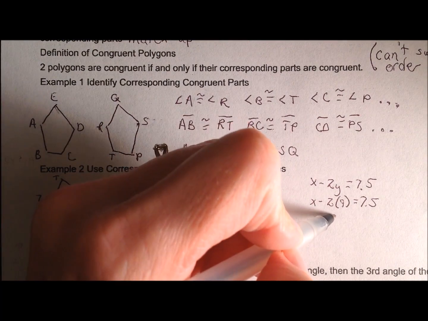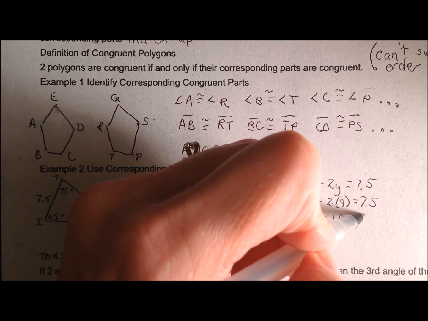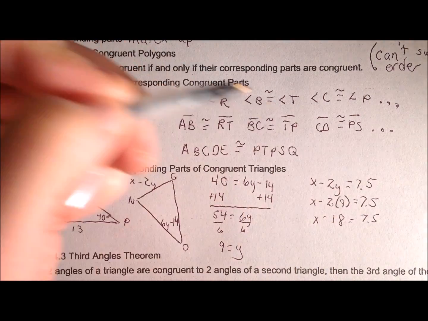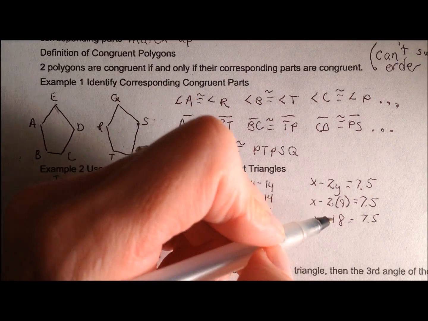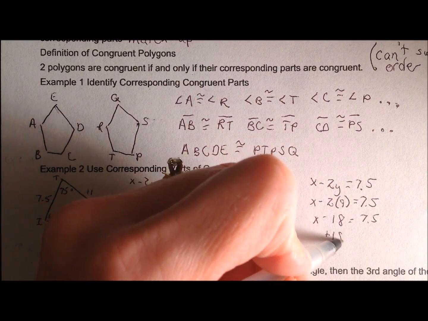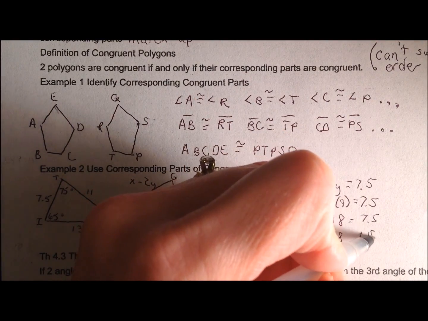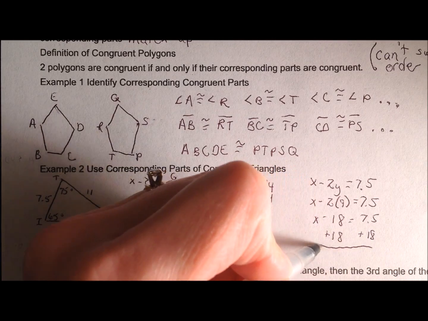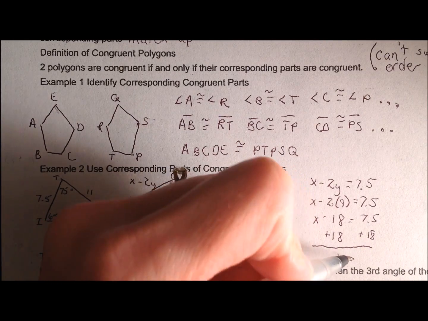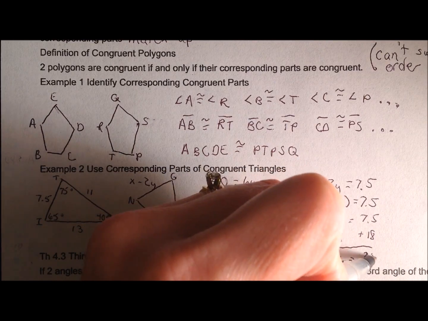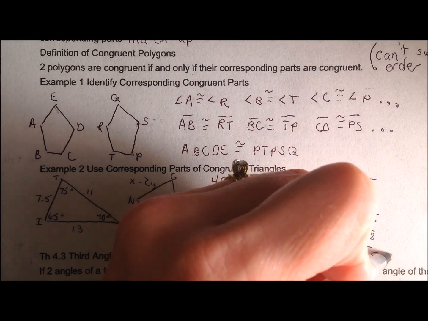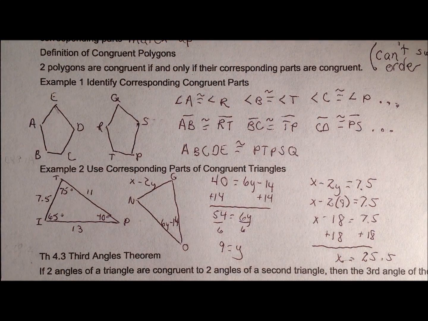At this point, we have x minus 18 equals 7.5. Adding 18 to each side, we have x equal to 25.5. That is example 2. Now please complete check your progress number 2.